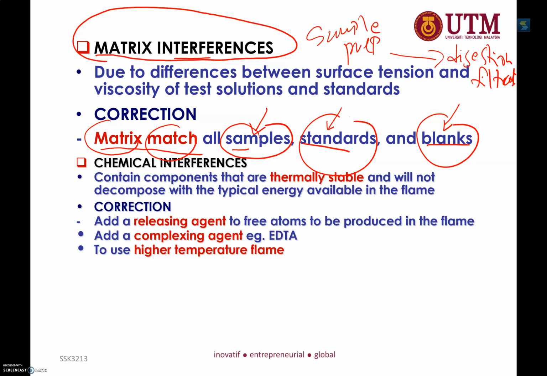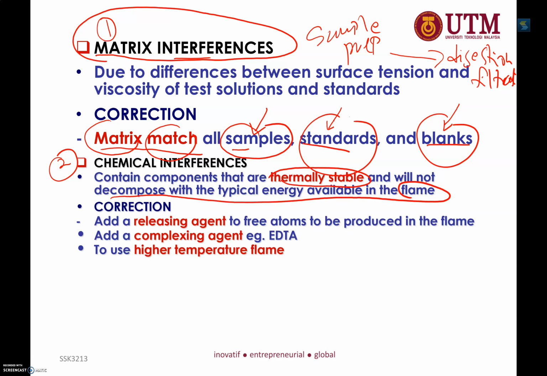So this is the first, matrix interference. And then we have chemical interference. Chemical interference is because of the analyte itself, whereby the analyte is very thermally stable and will not decompose at the temperatures typically available in the flame.